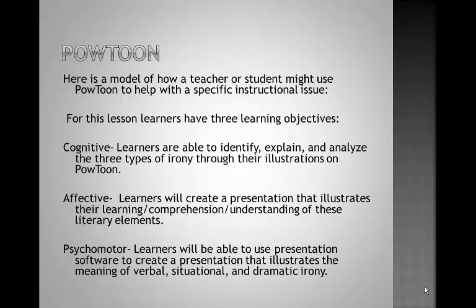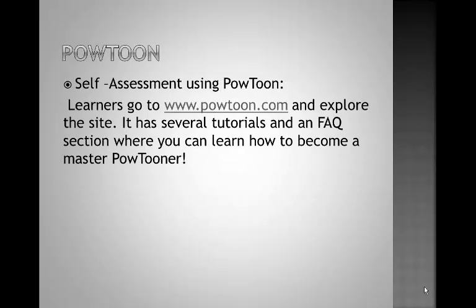The affective. Learners will create a presentation that illustrates their learning, comprehension, and understanding of these literary elements. And psychomotor. Learners will be able to use presentation software to create a presentation that illustrates the meaning of verbal, situational, and dramatic irony.